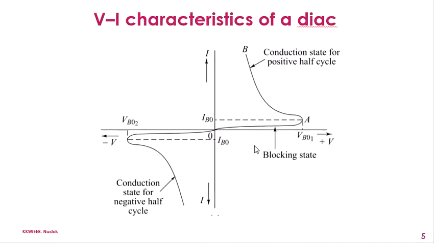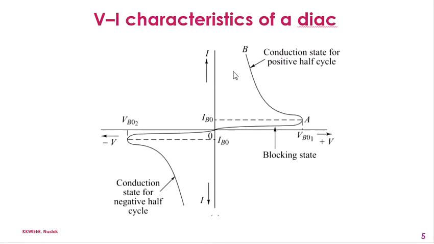If you remember, in case of TRIAC, we have seen a similar kind of characteristic. For this region 0 to A, as the voltage increases, the current still remains low value. But at the breakover voltage, when we start applying the gate current, the voltage starts decreasing as the gate current increases. And at a maximum value, a large amount of current starts to flow through the TRIAC.